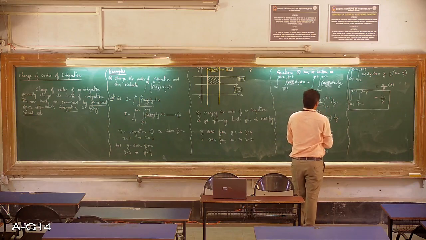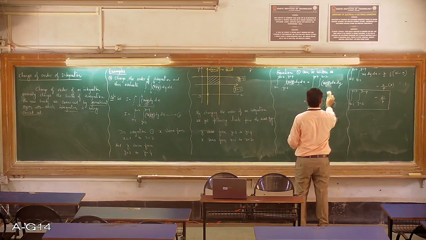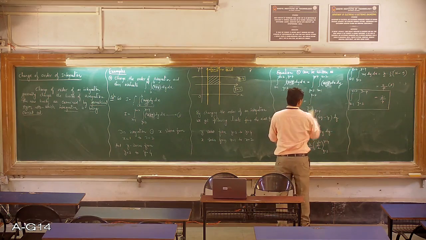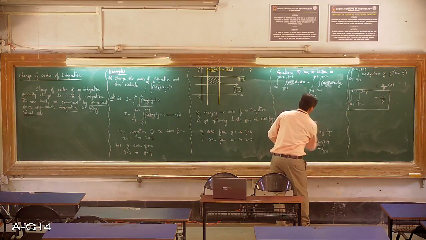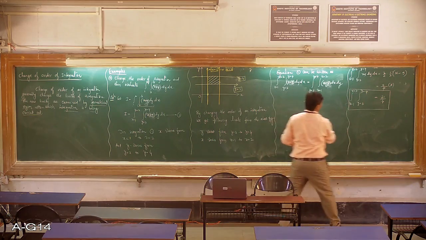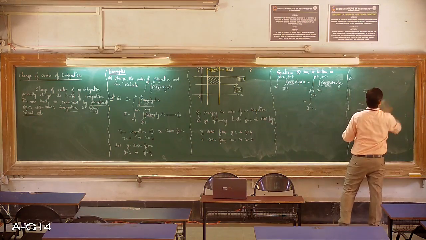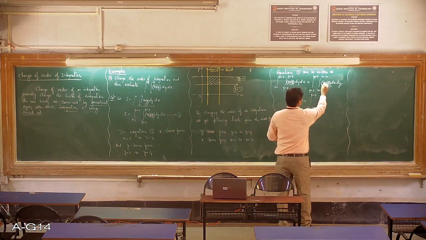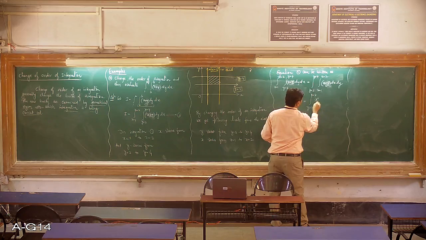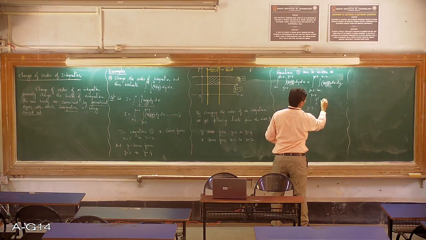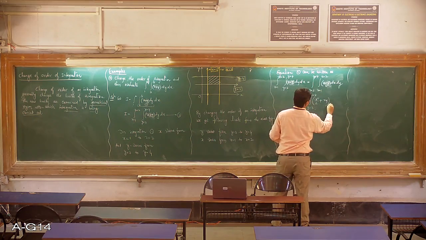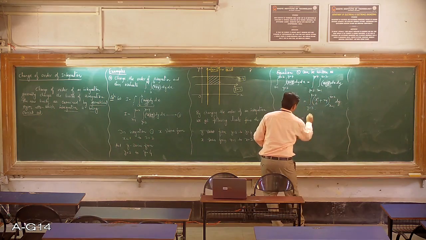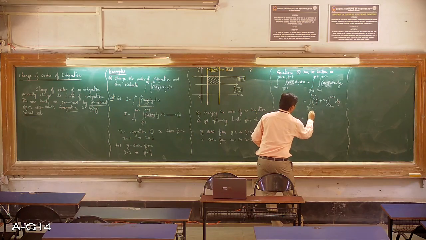Integration of x plus y with respect to x: integration of x is x square by 2, integration of y with respect to x is xy. So here it is x equals 1 to x equals 2, it is dy. Now integration from y equals 3 to y equals 4.